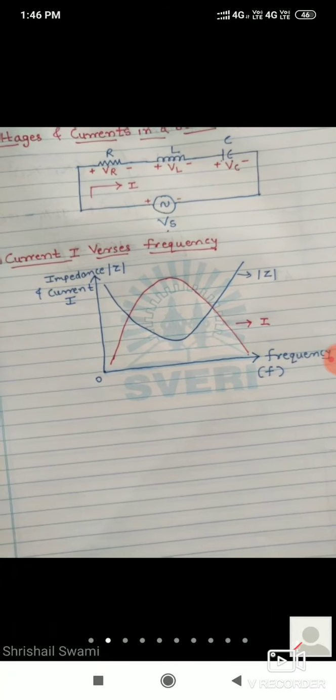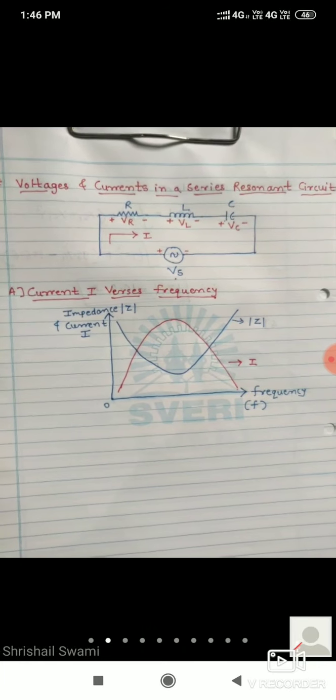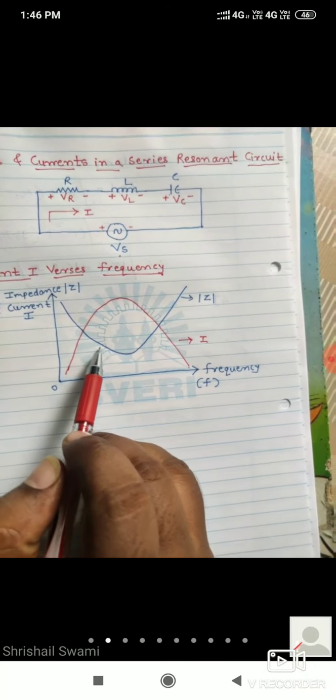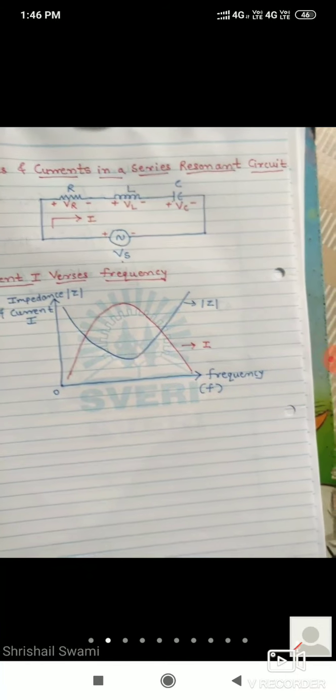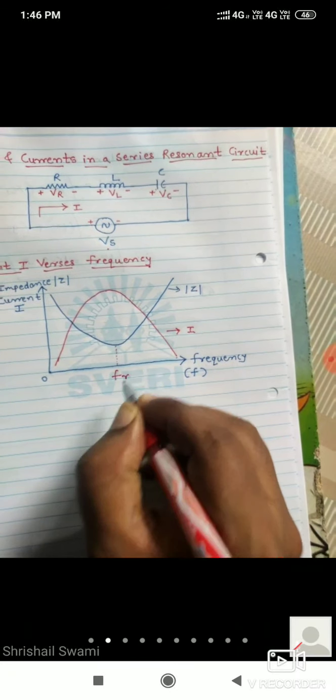Yesterday we saw impedance versus frequency. The graph is the same as shown in yesterday's lecture, where the frequency at the center I will call the resonant frequency.